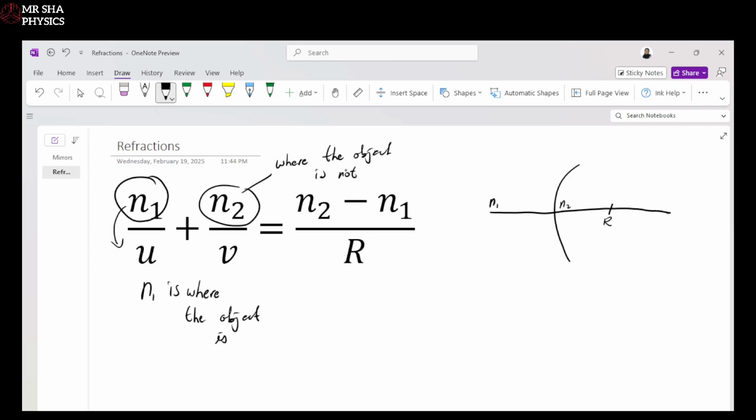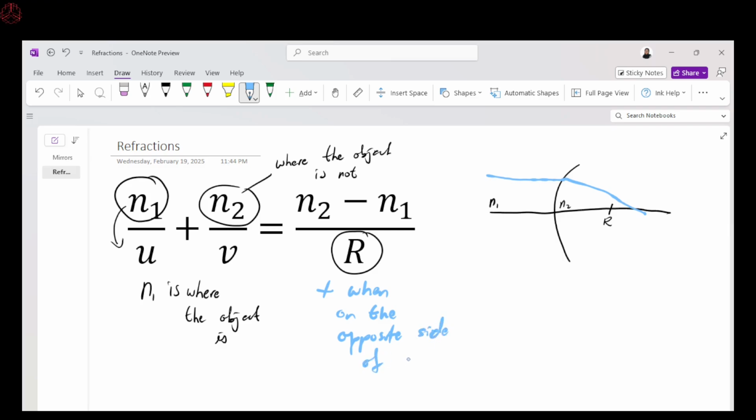And then the second thing that you need to know in general is that my r, because light passes through it, if you have light going in like that, what happens is it's going to pass through. So r is going to be positive when it is on the opposite side of the incoming ray.